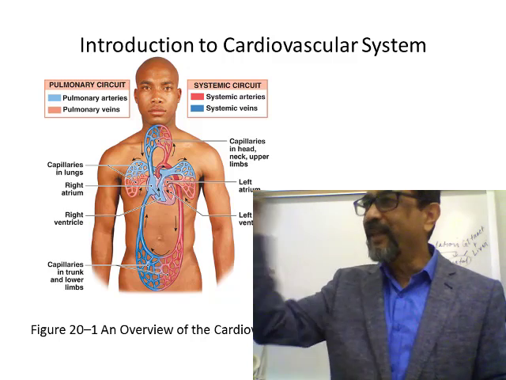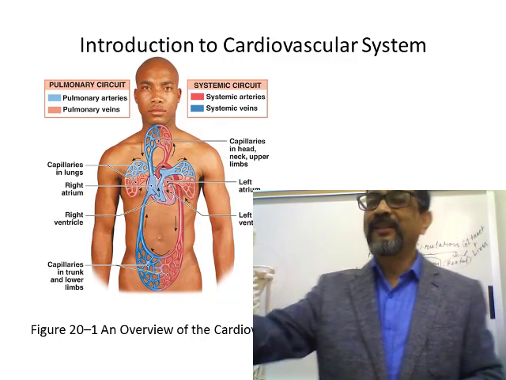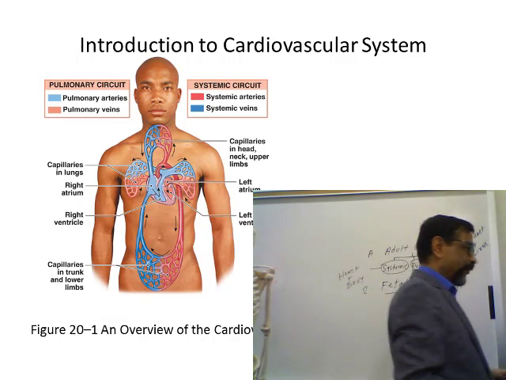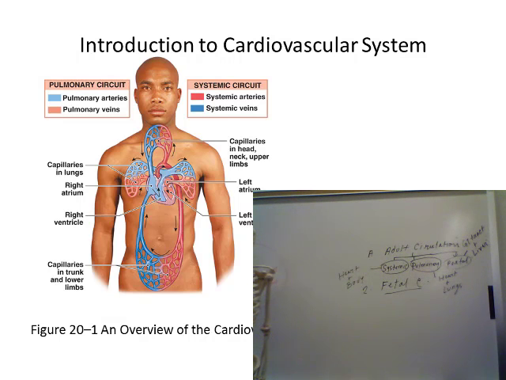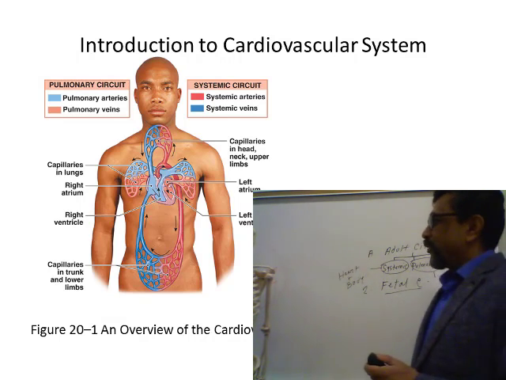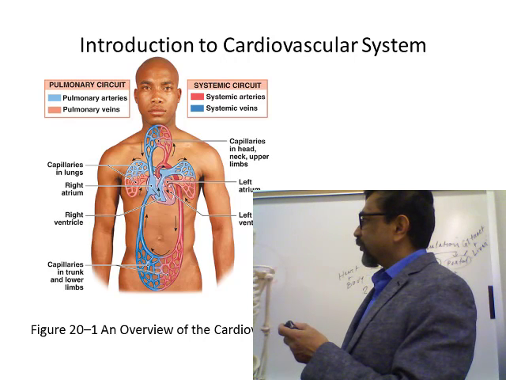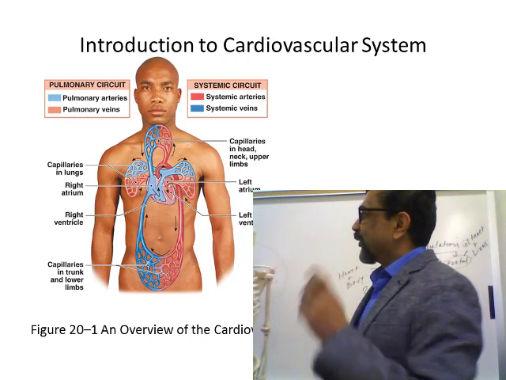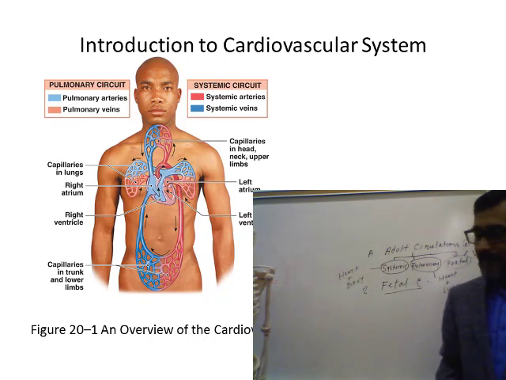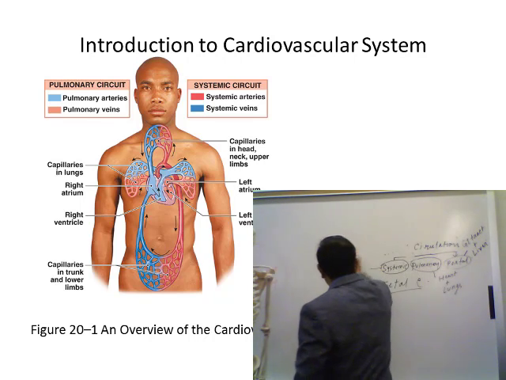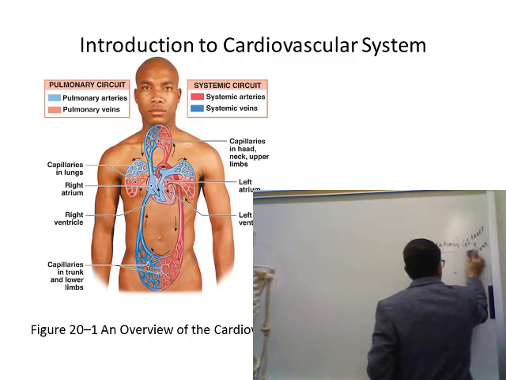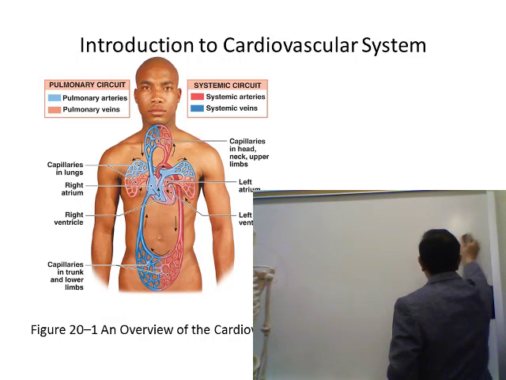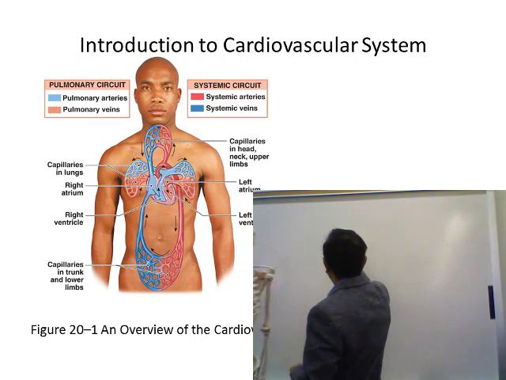Pulmonary circulation, systemic circulation. Pulmonary is between the heart and the what? Lungs, right? Systemic is between the heart and the body.